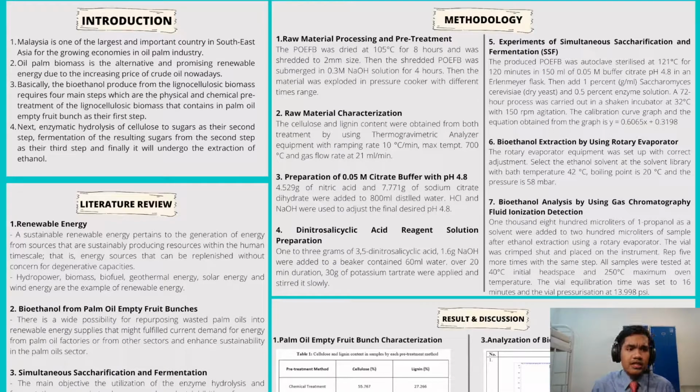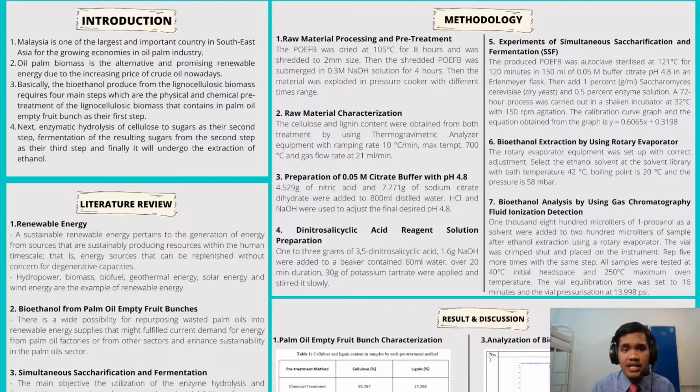For the introduction, firstly, Malaysia is one of the largest and most important countries in Southeast Asia for the growing economies in the oil palm industry. Oil palm biomass is an alternative and promising renewable energy due to the increasing price of crude oil nowadays. Basically, bioethanol produced from lignocellulosic biomass requires 4 main steps.